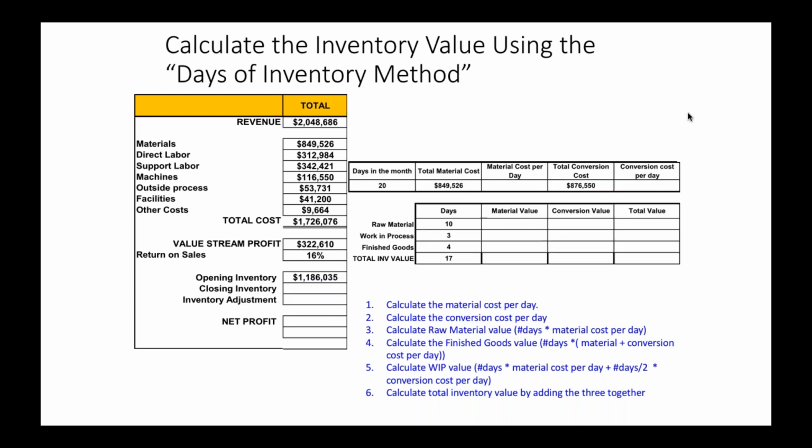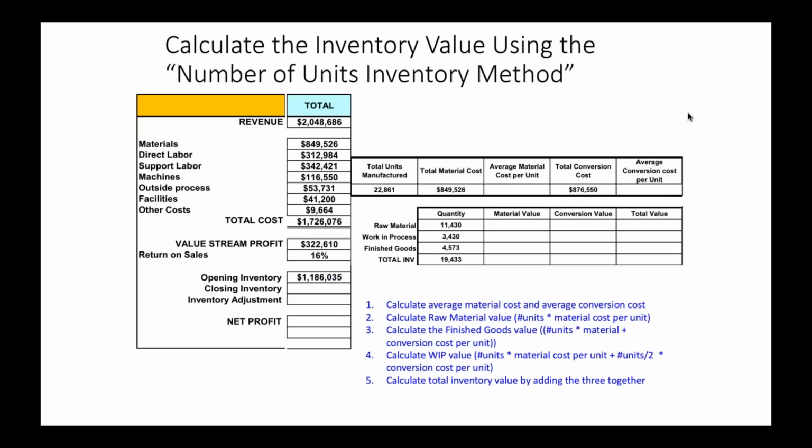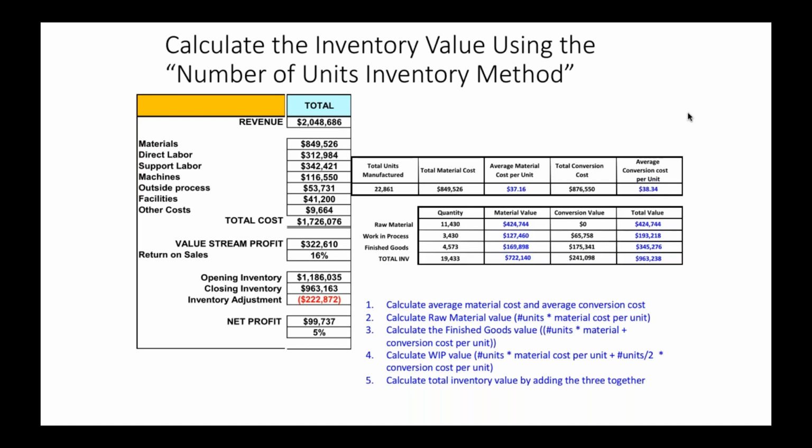The units of inventory method is very similar to the days of inventory method, but instead of using days of inventory, we are using units. So in this case, we have the same value stream income statement.